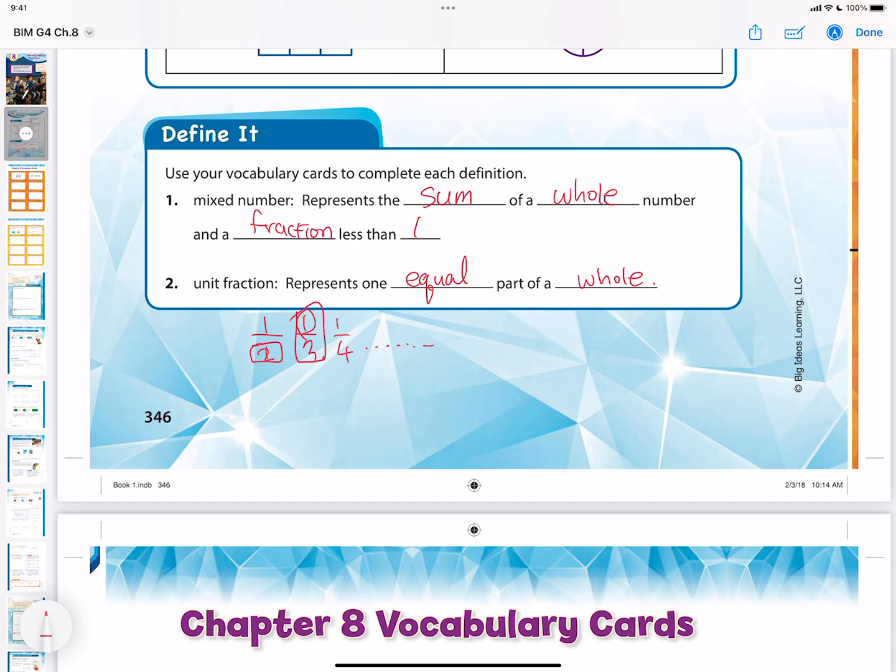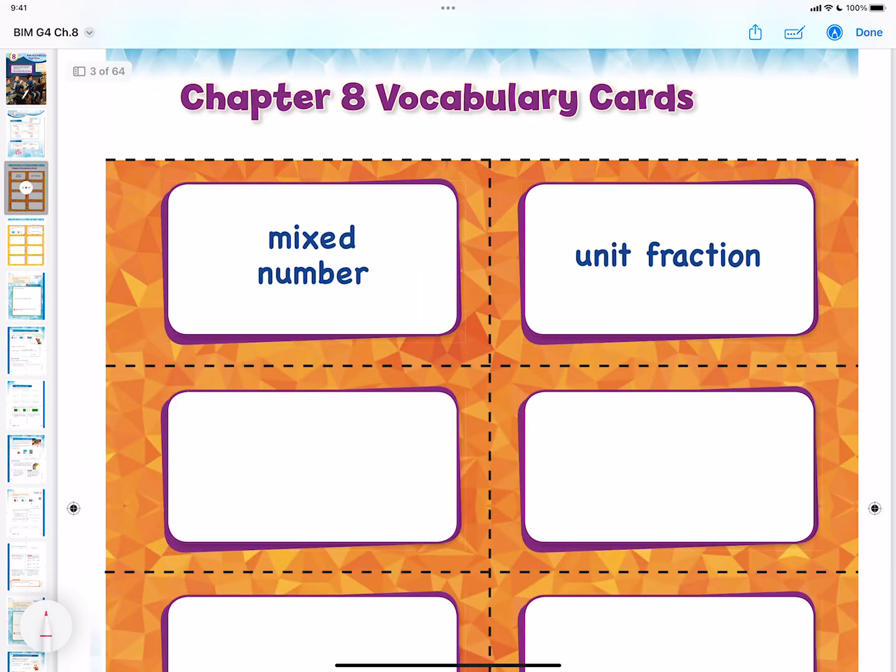Make sense? 1 unit out of 3, 1 unit out of 4, and this is 1 unit out of 2. So a unit fraction has only 1 as a numerator. Okay, please understand that.